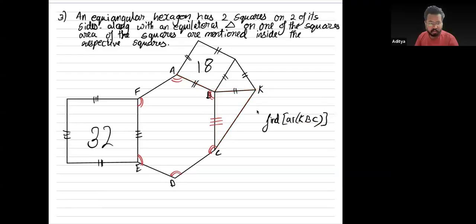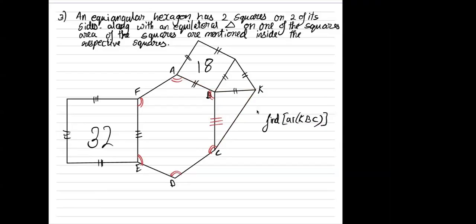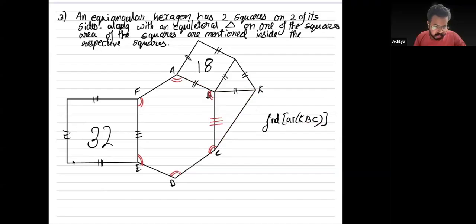Very good. Who else? Aryaman, go ahead. Is my answer correct? Aryaman, just a second. Not correct. 16.97 is not correct.